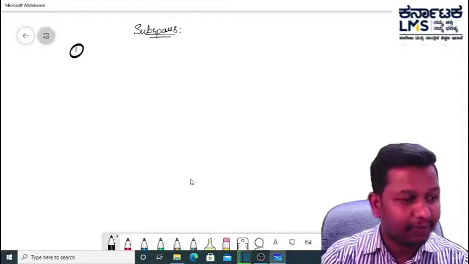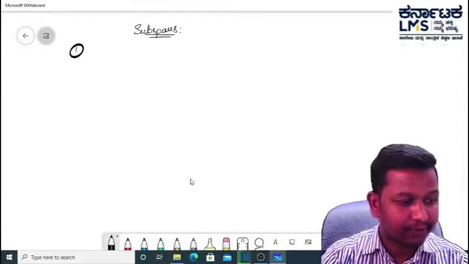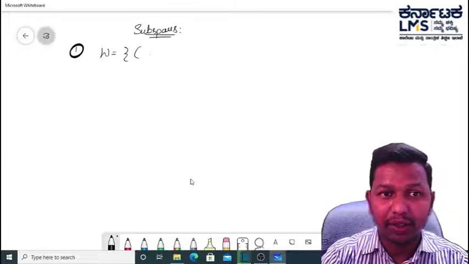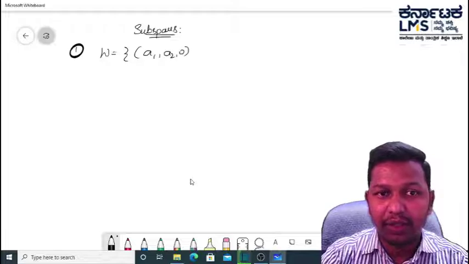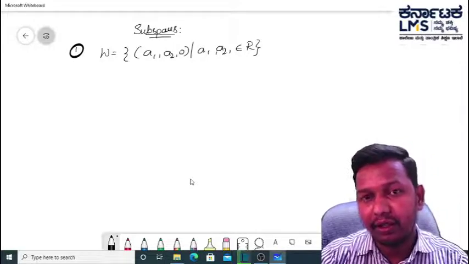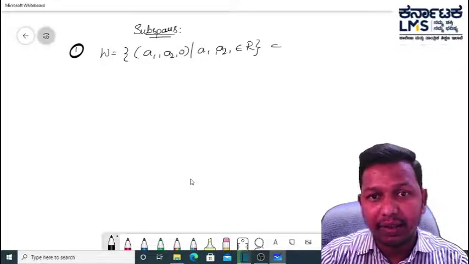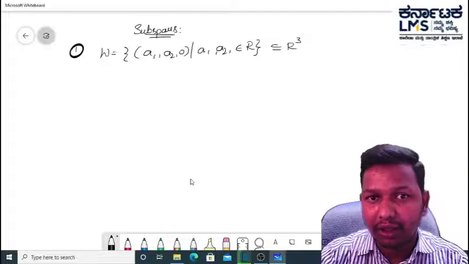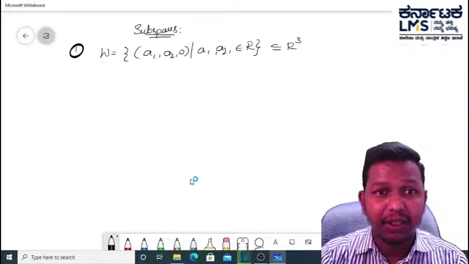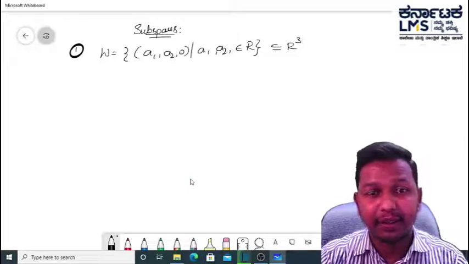First one is: let W equal the set of all (a1, a2, 0) such that a1, a2 are elements of the field R, which is a subset of R3. Next we need to check whether it is a subspace or not.